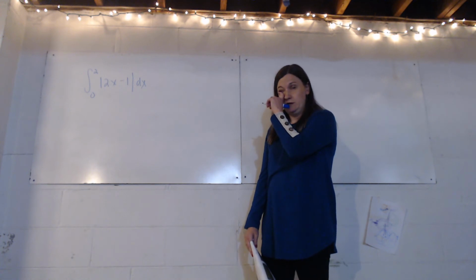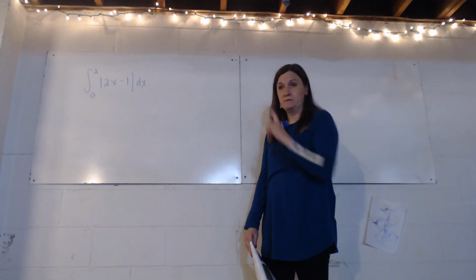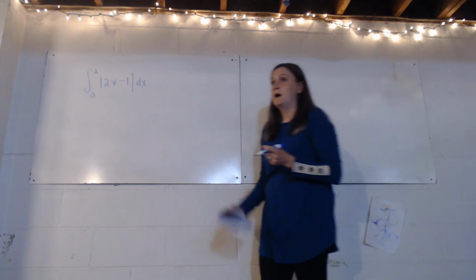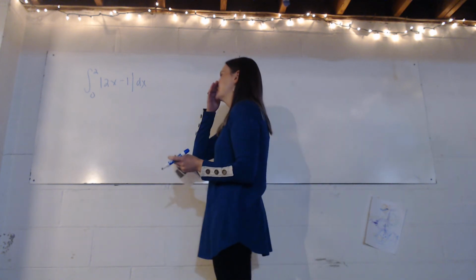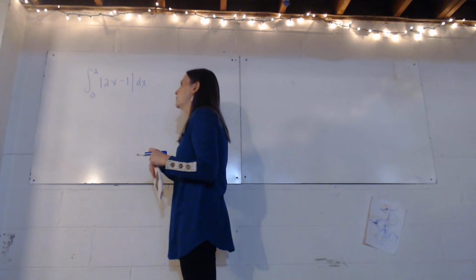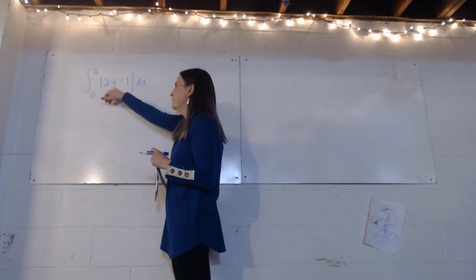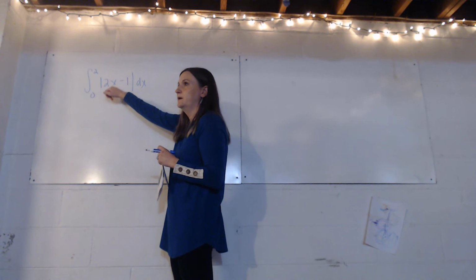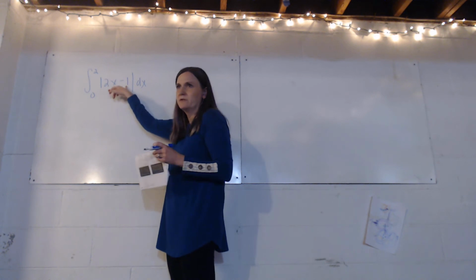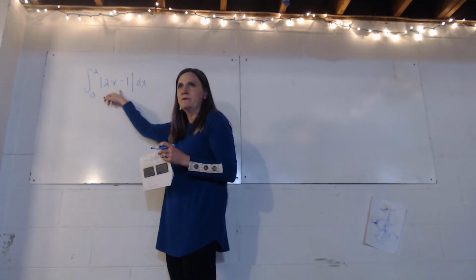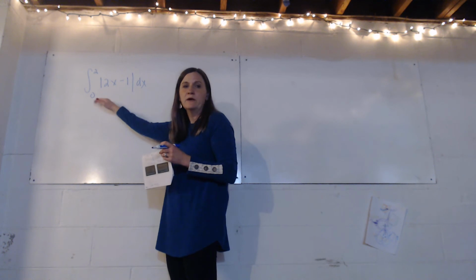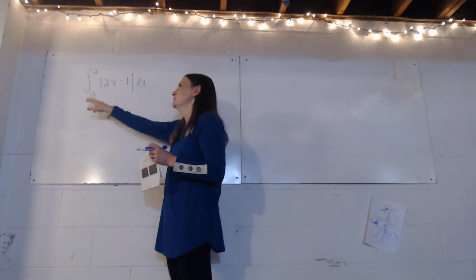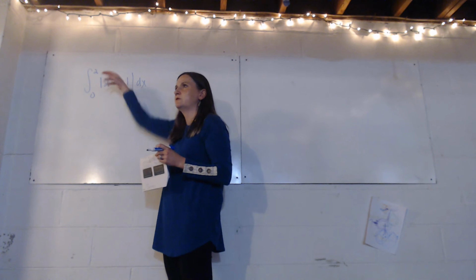So you should know that absolute values, by definition, you can split this up. When I have the 1 half here, 2 times 1 half is 1, right? I have 1 minus 1, which is 0, and that's a place where an absolute value function is not continuous. So this function is not continuous over the whole interval 0 to 2.